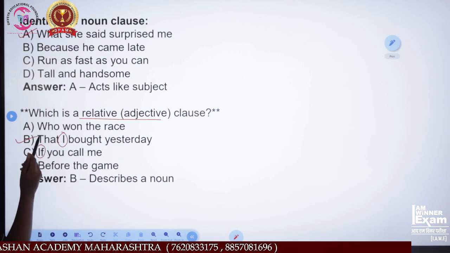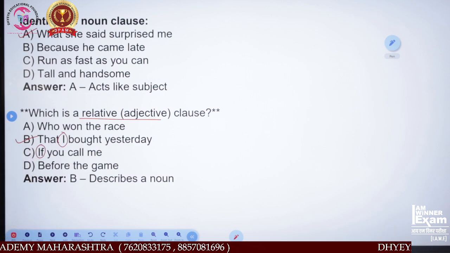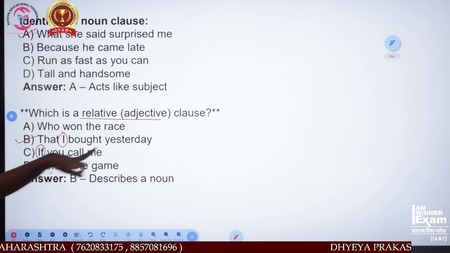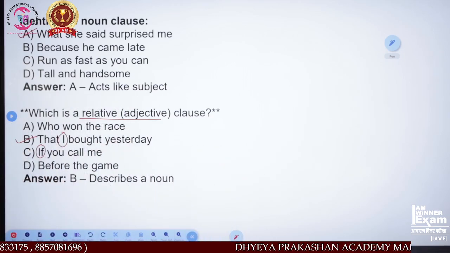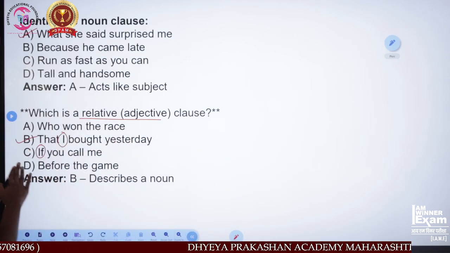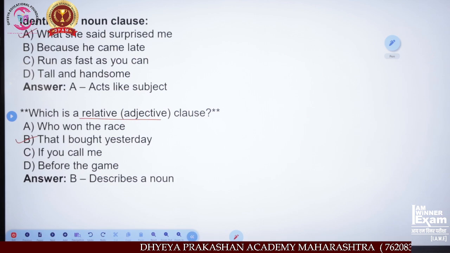Means some sentence should be there in front of this, like, those are the shoes that I bought yesterday. So option number B, that I bought yesterday, will be your correct option.